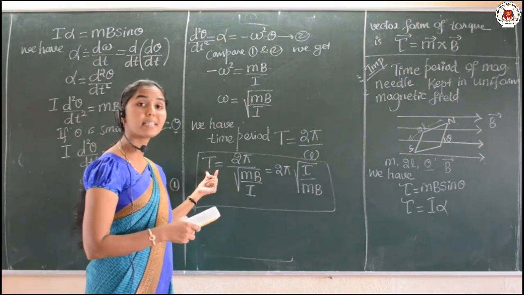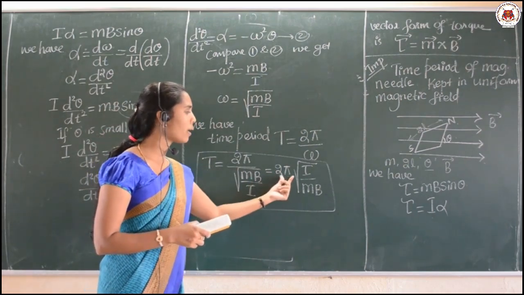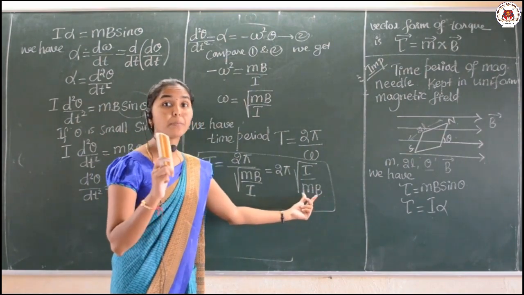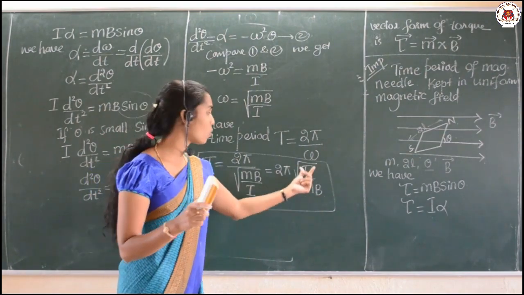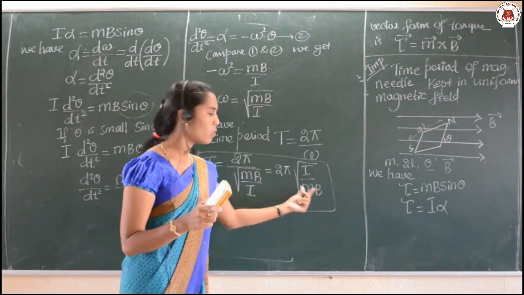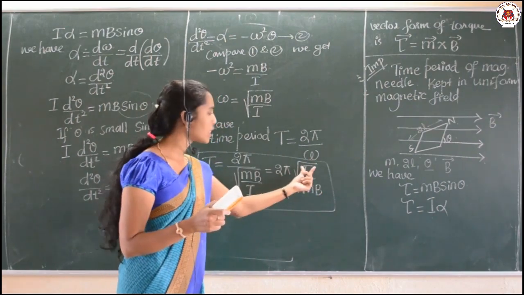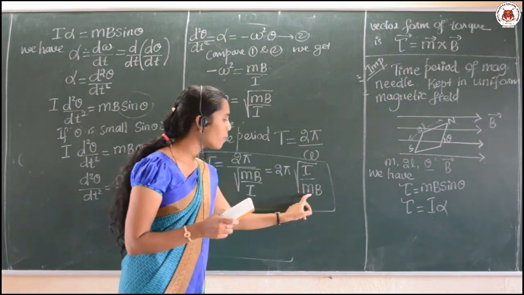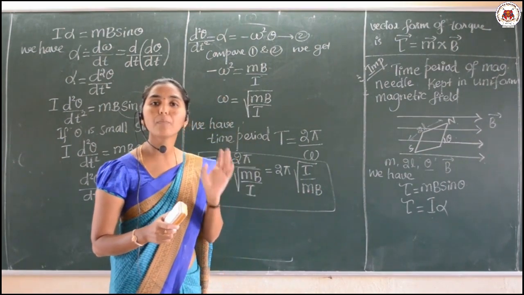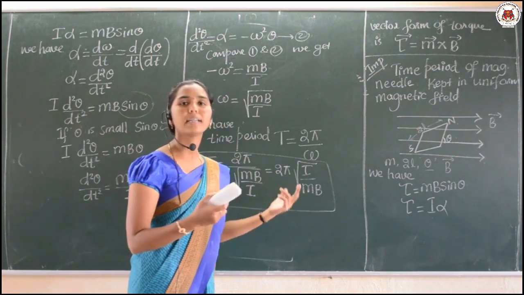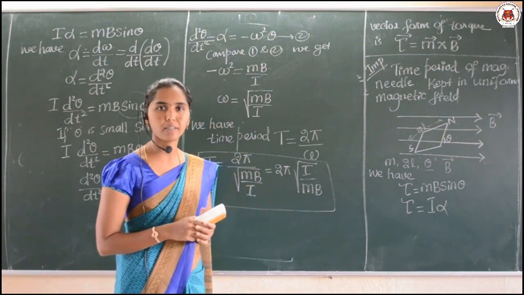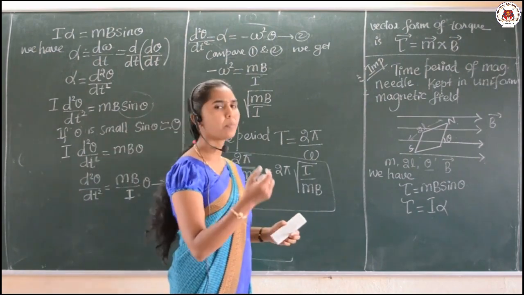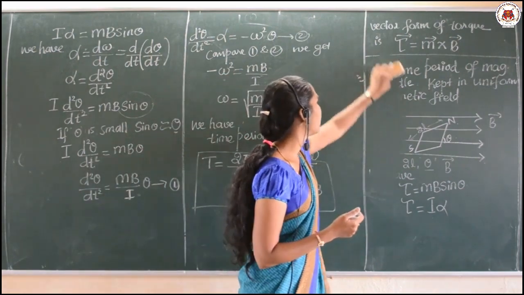T is equal to 2 pi root of I upon MB, and compulsorily you should mention what is T, I, M, B. What is T? Time period. What is I? Moment of inertia of the needle. What is M? That is magnetic dipole moment. What is B? That is the uniform magnetic field strength. Am I clear? Yes.